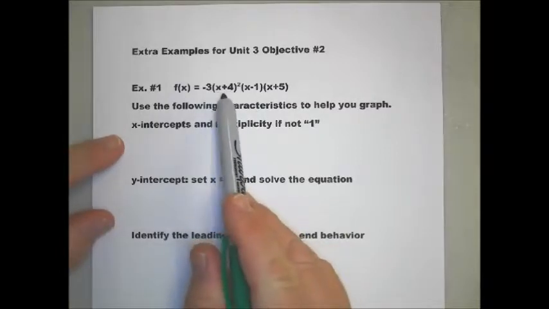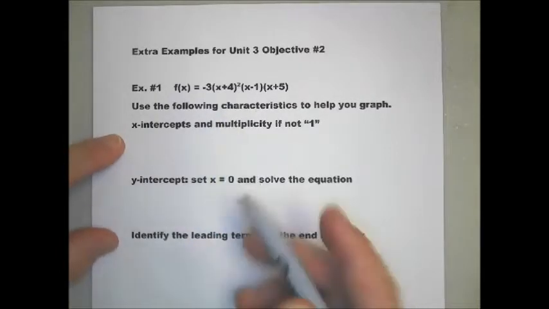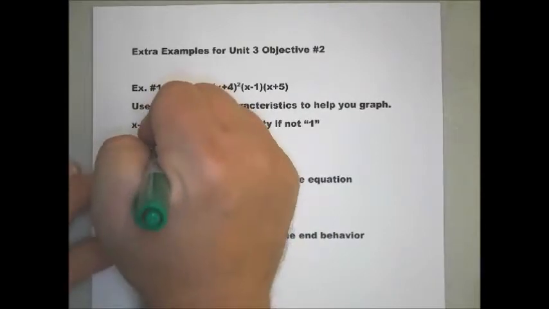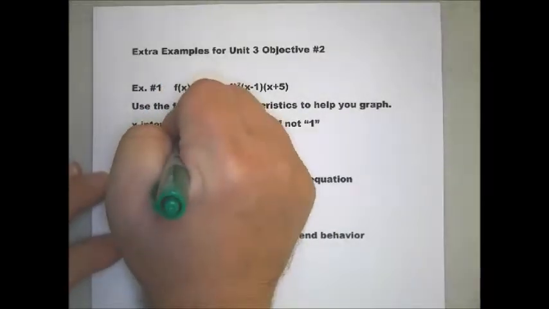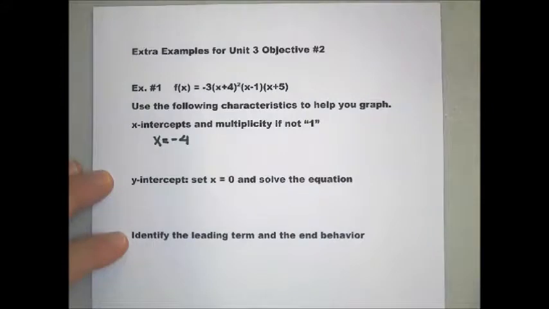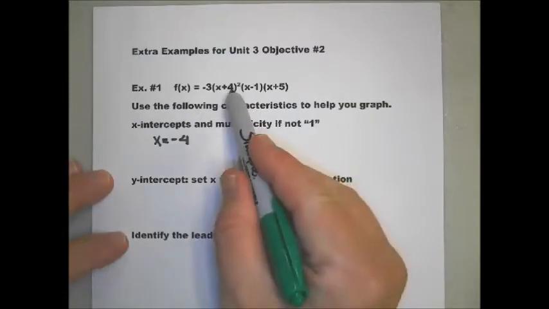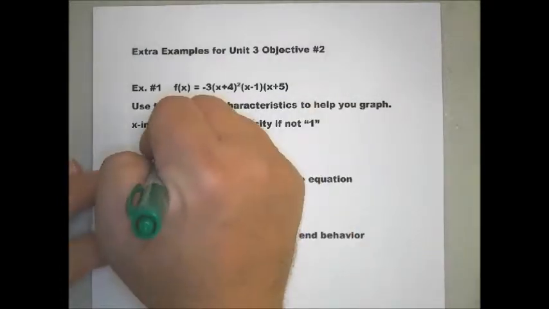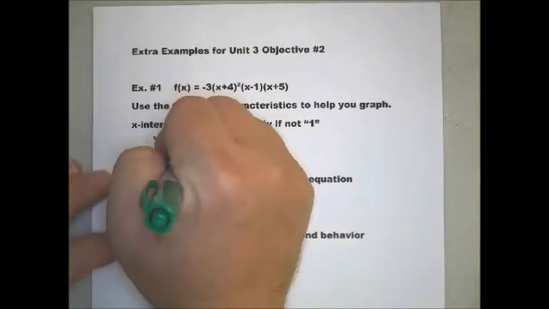x plus 4 quantity squared equals 0. So x equals -4 would definitely be one of the solutions or one of the x-intercepts. And notice it came from a squared factor. That means its multiplicity is 2.